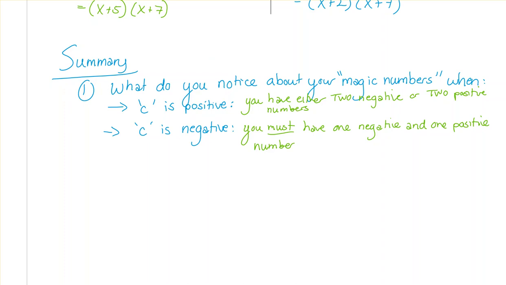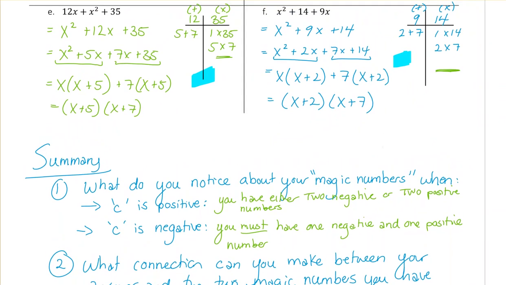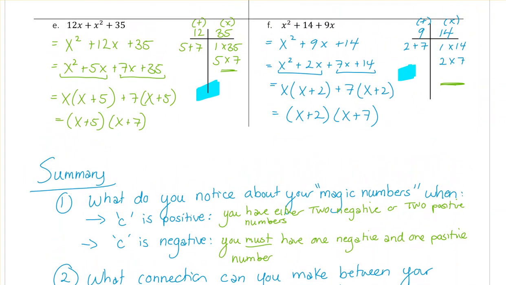There's one more trend I want to highlight. And that trend is, what connection can you make between your answer and the two magic numbers you have chosen? Well, again, let's go up to just two examples, that's all we really need to look at. In this example here, the magic numbers you chose were 5 and 7. Look at your answer.